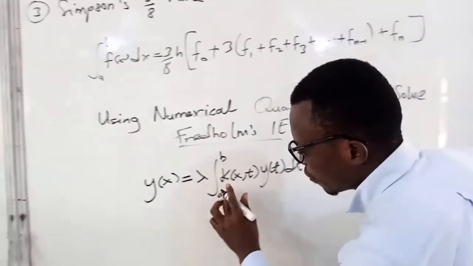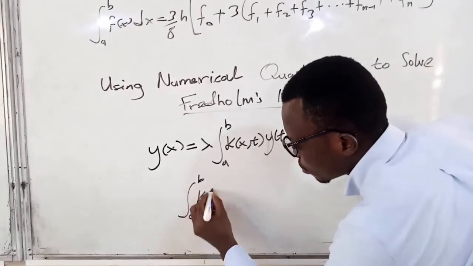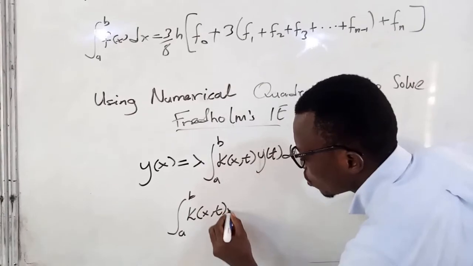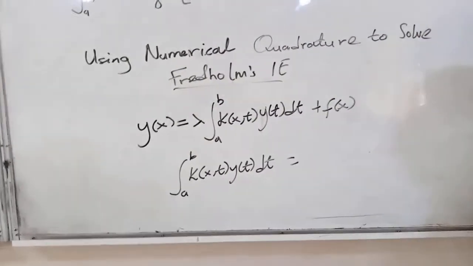So we have an integral from a to b of k(s,t) y(t) dt, so we can use numerical integration.